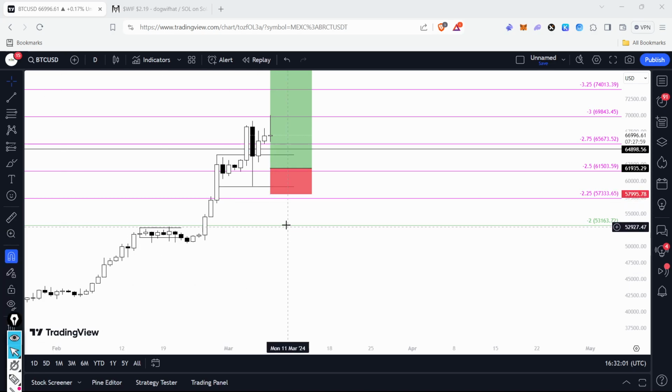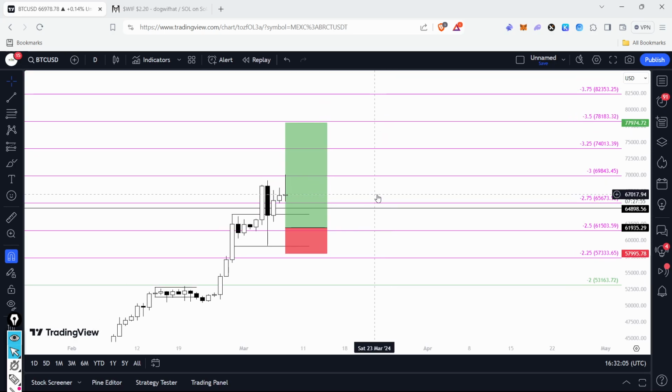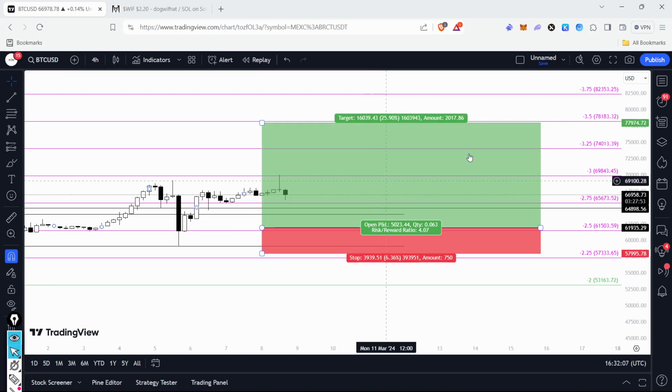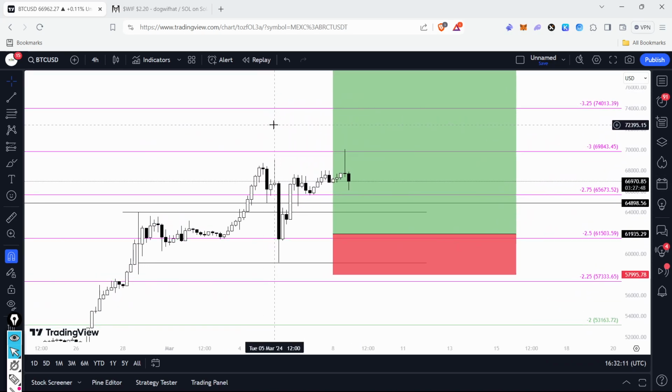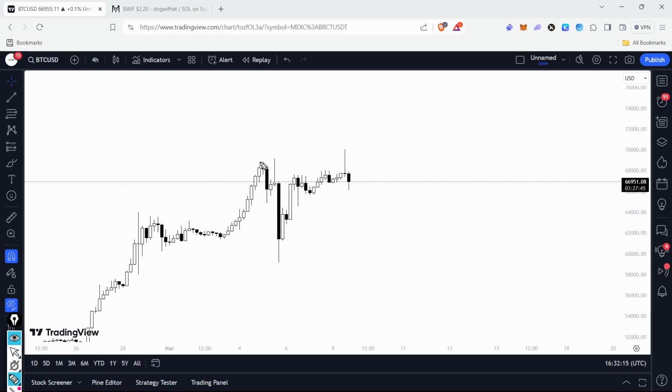It's good to have a lot of tools, but it's best when you know you actually backtested it and it actually works. So for now, I already took some profit, by the way. Let's remove these levels real quick. If you want to play like this, boom, you have a level right here. Boom, deviation.